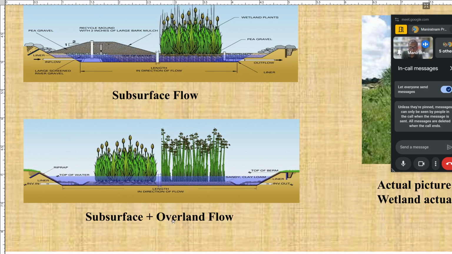Then we have surface plus overland, meaning it is passing through above this area. You can see the surface is here, but water is passing through that area, and it is utilizing both roots and some portion of the plants. And here you can see that we are growing two different kinds of plants.